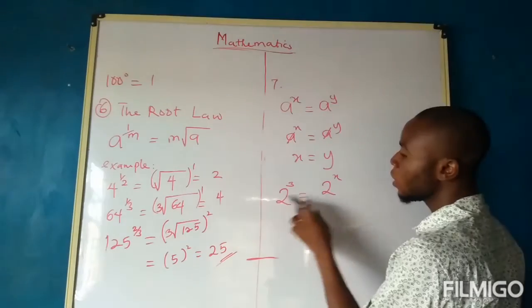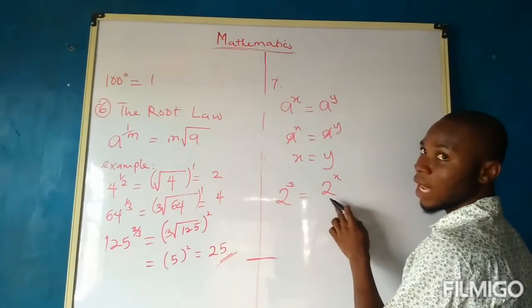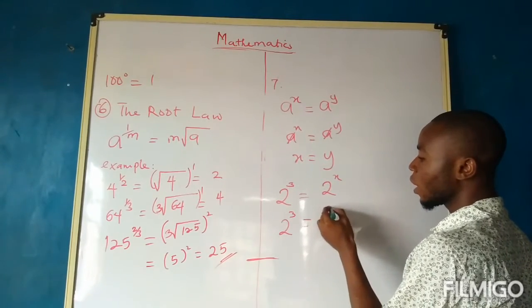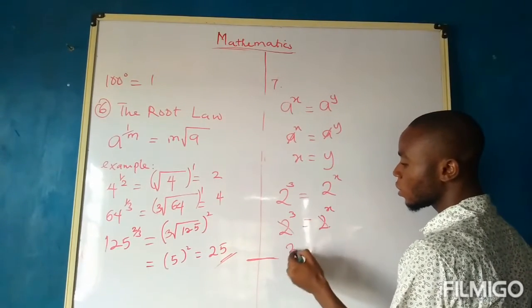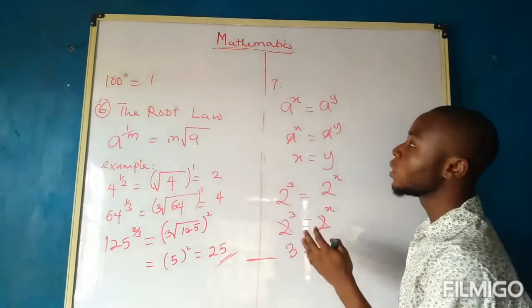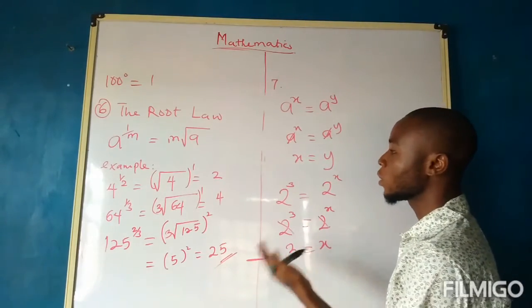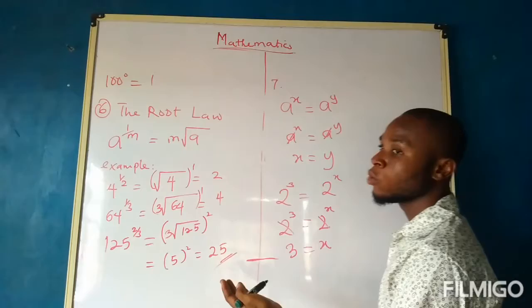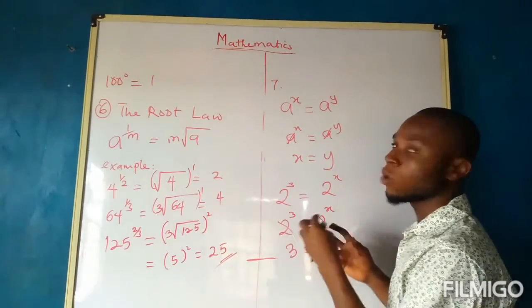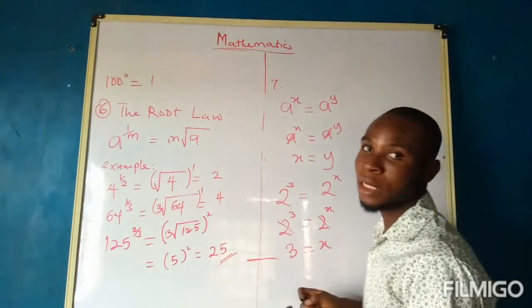In this case, since the bases are equal, then 3 will be equal to x. So this is all the laws of indices that we have, and when we go further, solving more questions, we will be talking about each of these laws and other things.